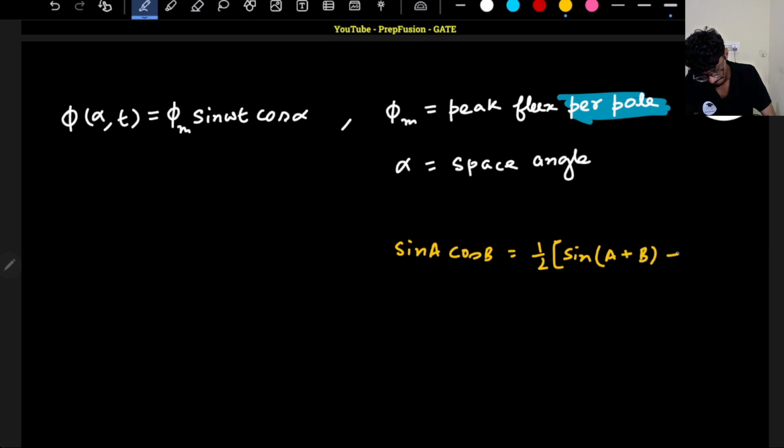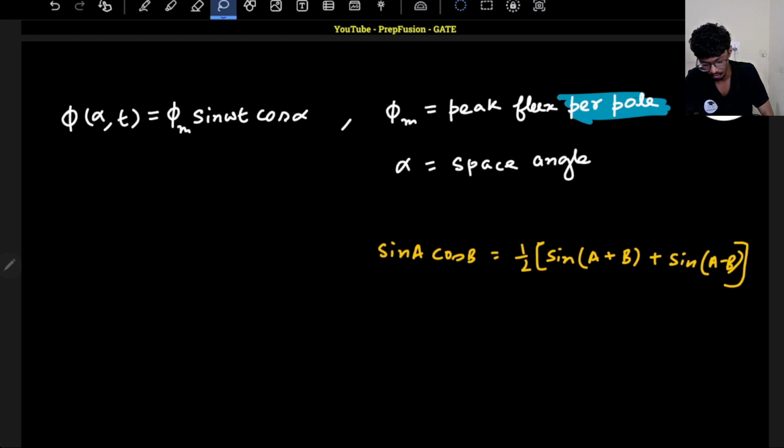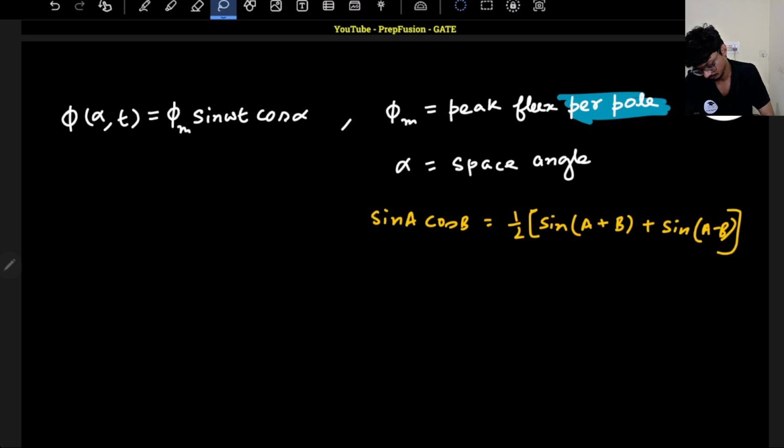So basically the sine B cos A term will get cancelled and I will be only left with sine A cos B. Okay, so this is my value basically.